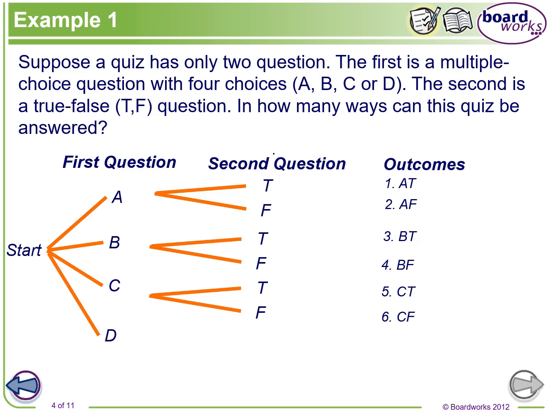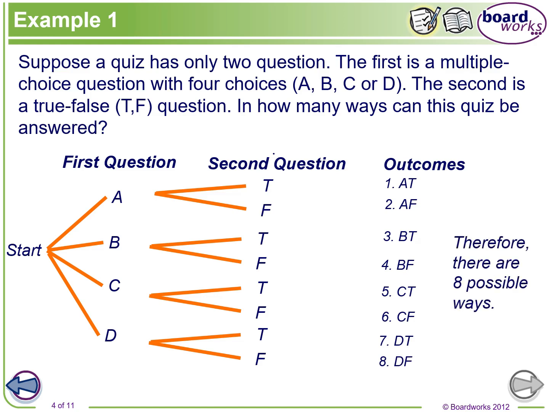Or you could have the first question as letter D and the second question is true. So that would be the seventh outcome. Or the second question would be false, and that makes it the eighth outcome. So in how many ways can this quiz be answered? There will be 8 possible ways.